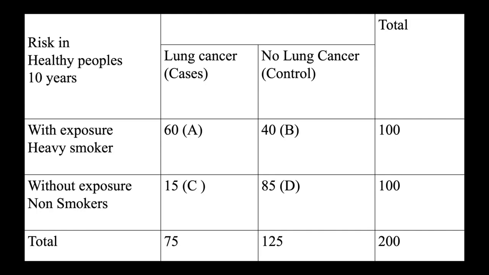Without exposure, non-smokers, 15 developed lung cancer and 85 did not. That's 100. On this side, the calculation: lung cancer was 75 and no lung cancer is 125.